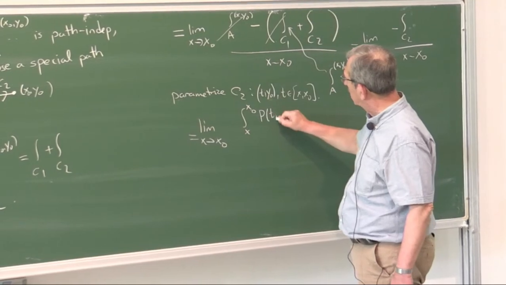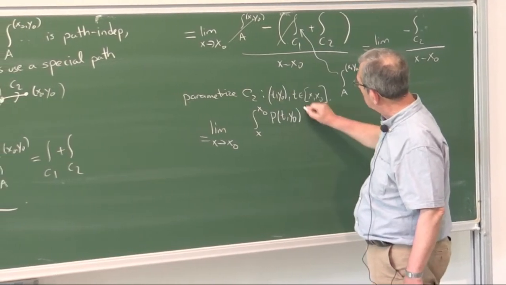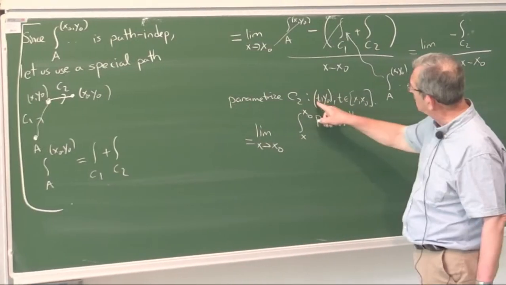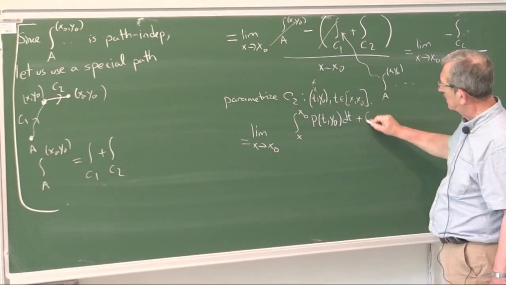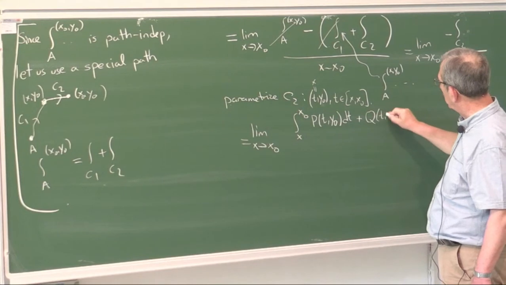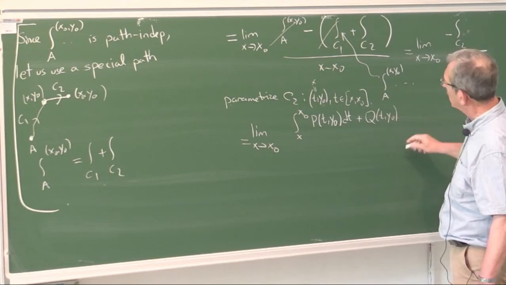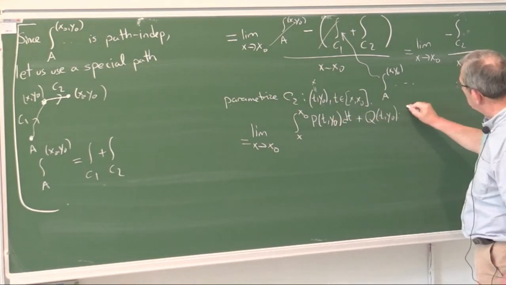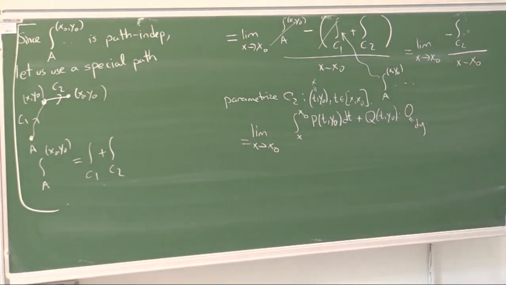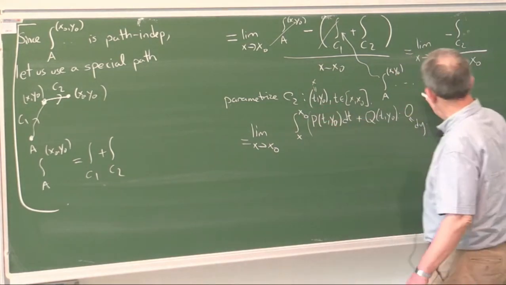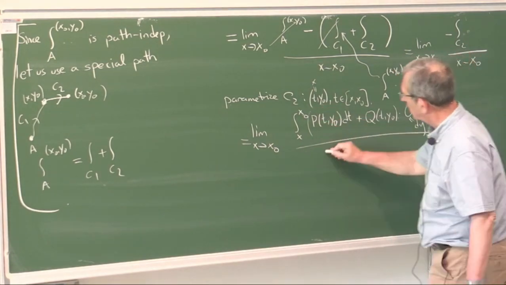We have P(t, y0) dx, where x is t, plus Q(t, y0) dy, which is 0, and that's it. And we divide by x minus x0.